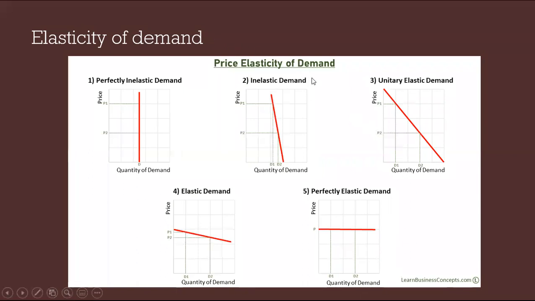So I hope that my explanation has satisfied you. Do you want to ask more about this? Don't worry about the exam. The exam does not ask about elastic or perfectly elastic. They often ask about inelastic demand.